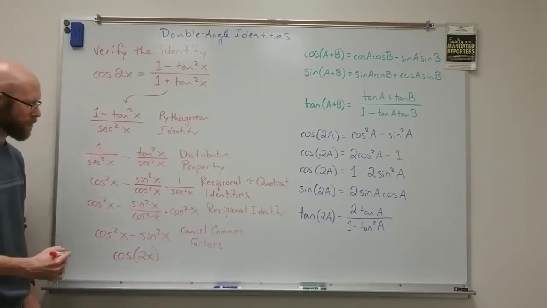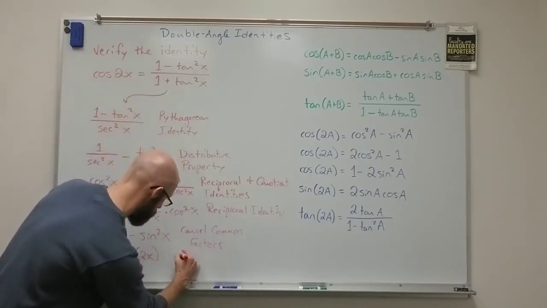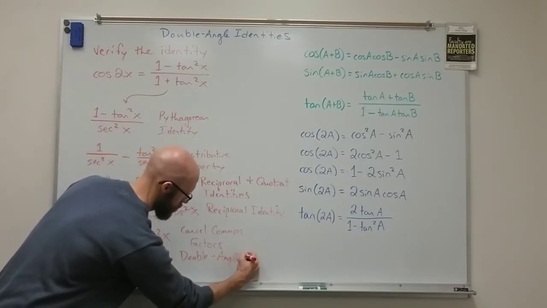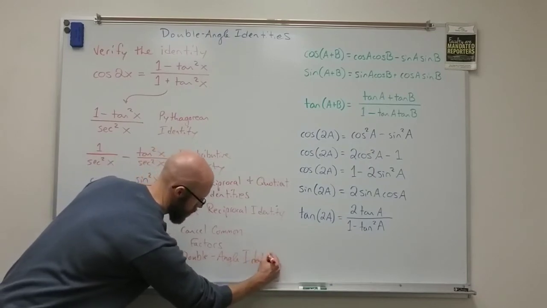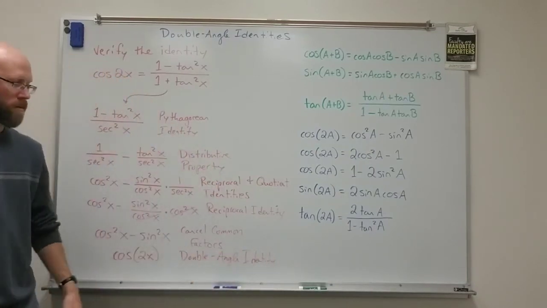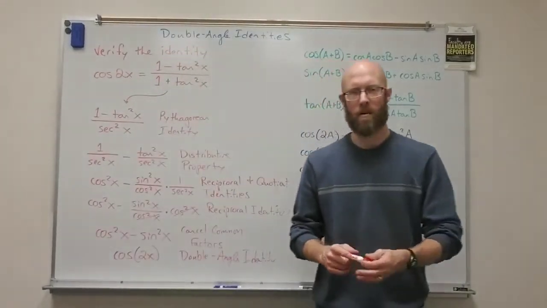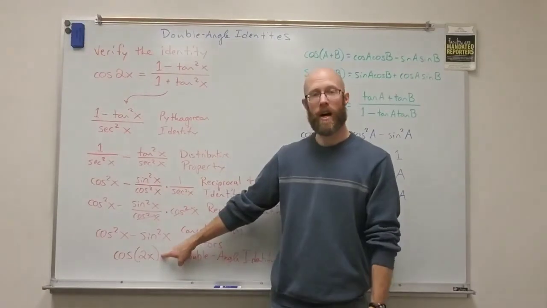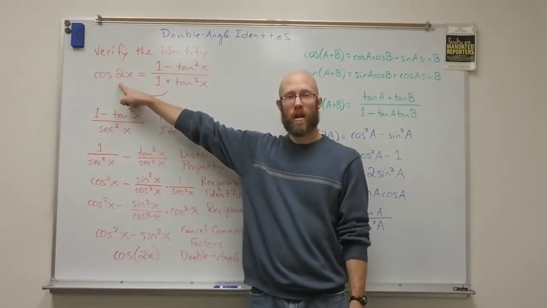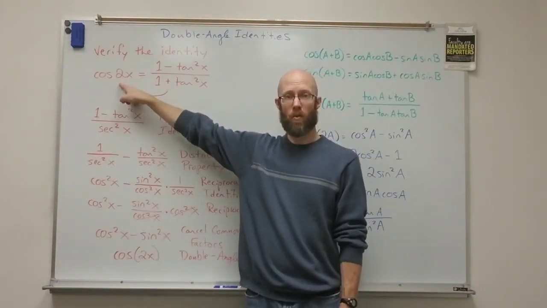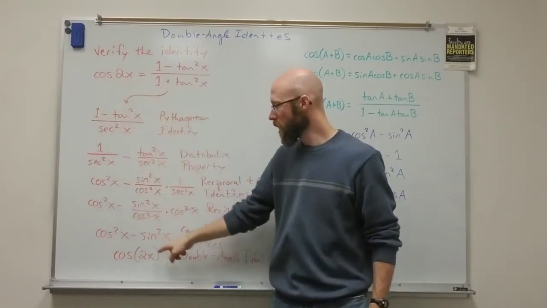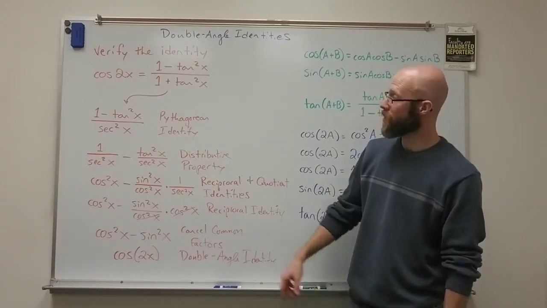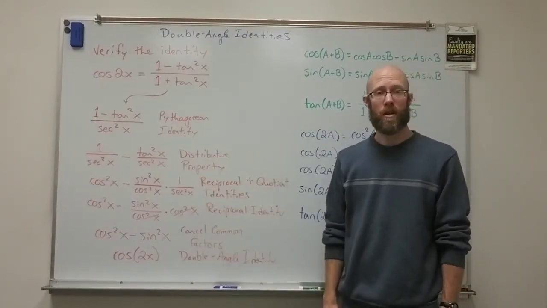And that's using our double angle identity. Sorry, my handwriting got a little bit sloppy down toward the bottom there, but that will be good enough. So this last line then matches the original other side of the equation that we were trying to work toward. And so we do end up verifying the identity that we sought to verify.